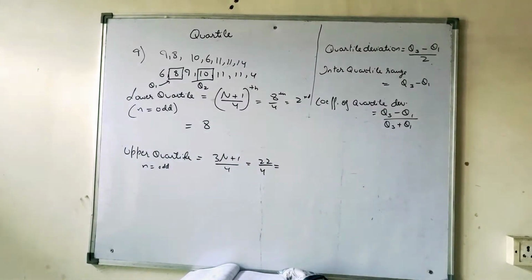The upper quartile will be the value in between the terms.